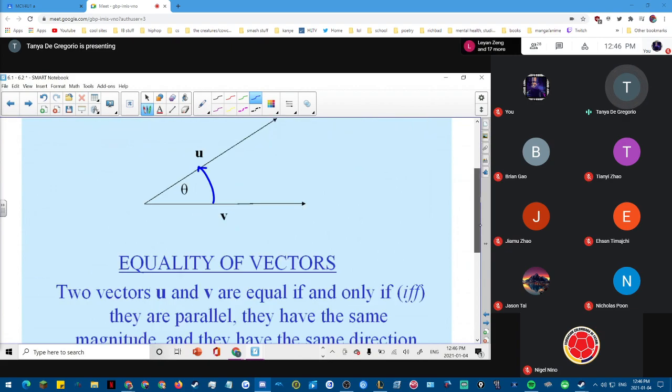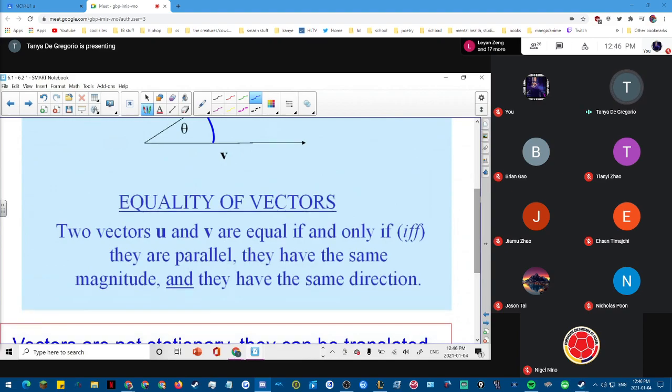So when are vectors equal? Vectors U and V are equal if and only if they are parallel, they have the same magnitude, and they have the same direction. As I've already stated to you before, if they're in opposite directions, they are not equal. Just a little side note, if and only if, if no one's ever told you this before, is very commonly used in higher mathematics. And what it means is you can go both ways.